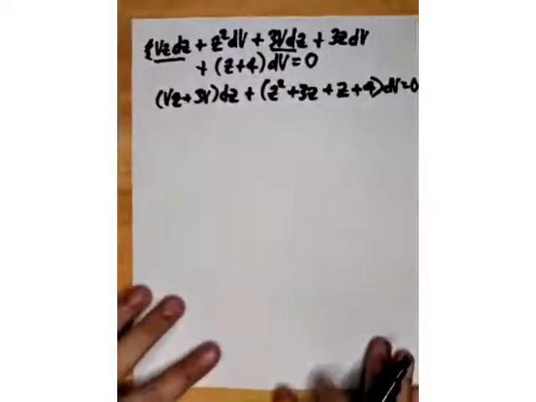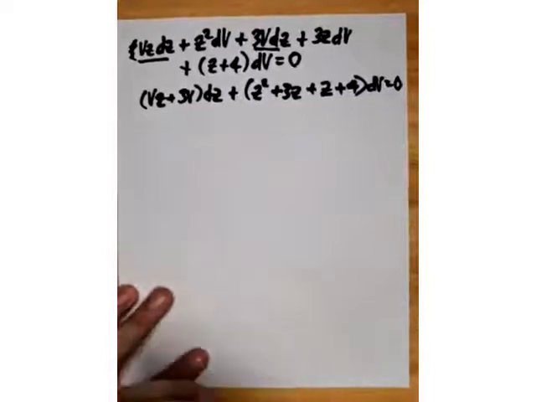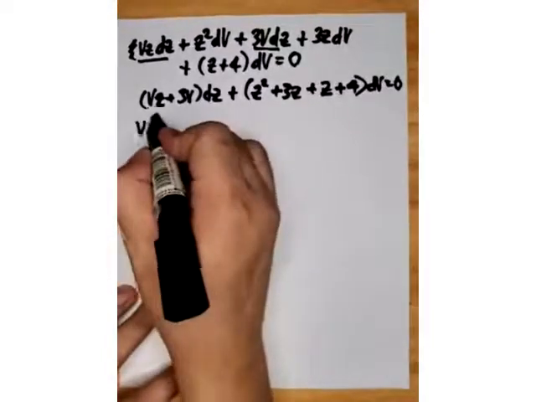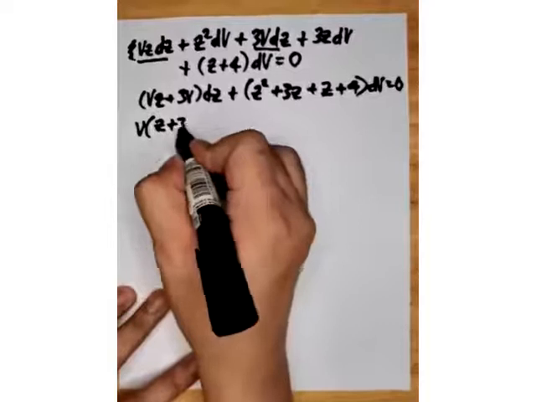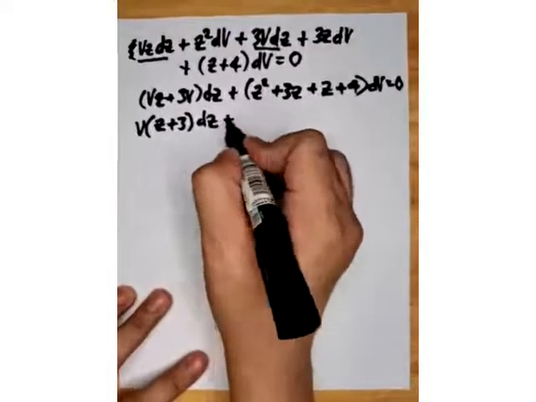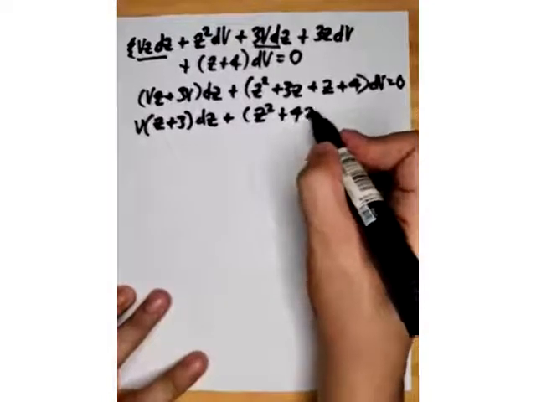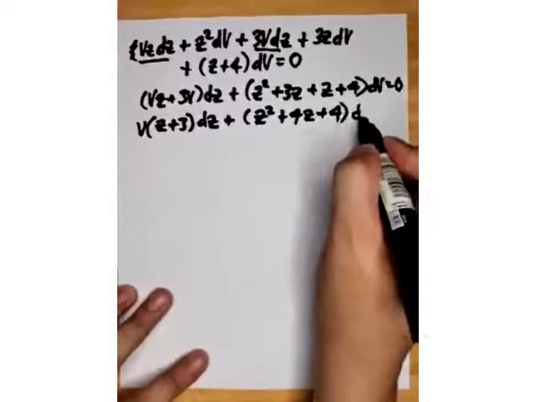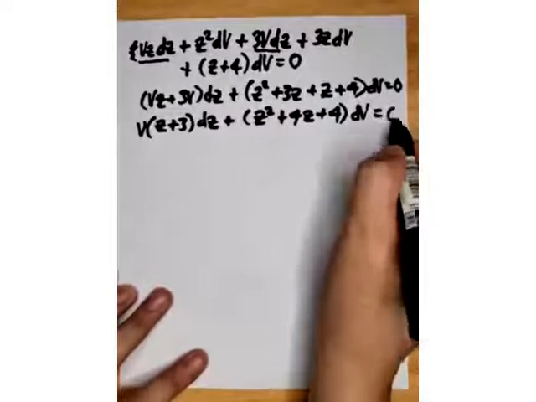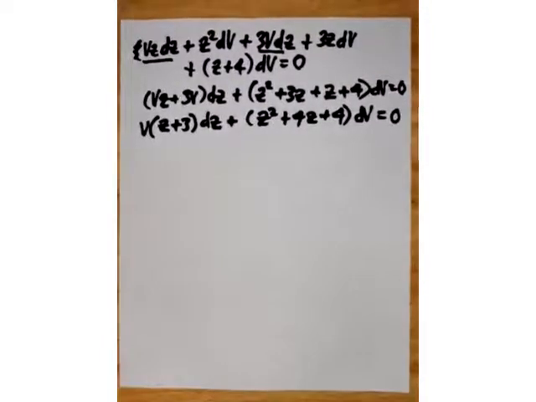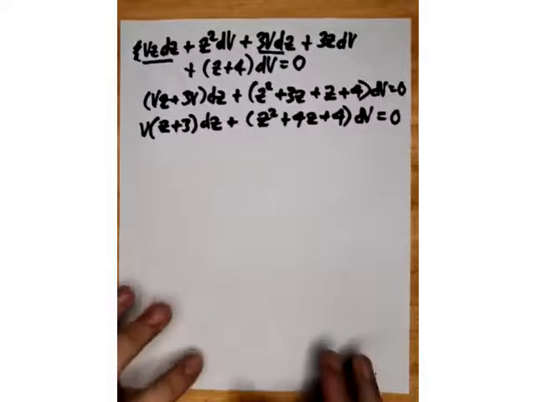Ayan. And then let's factor out v kasi gagawin na natin siyang separable. So this is v times z plus 3 dz plus, simplify natin to, z squared plus 4z plus 4 dv. So that's equal to 0. Ayan. Okay? So we have made this now separable. So gawin na natin siyang separable.